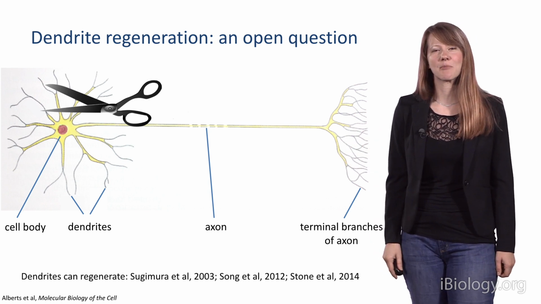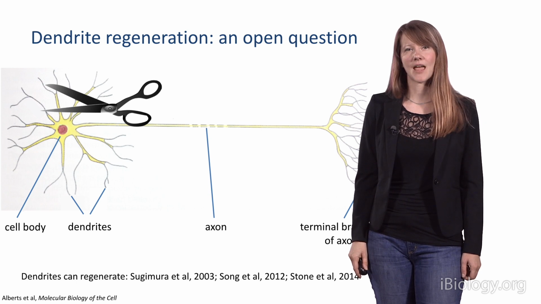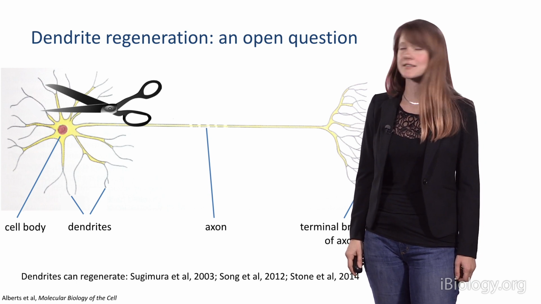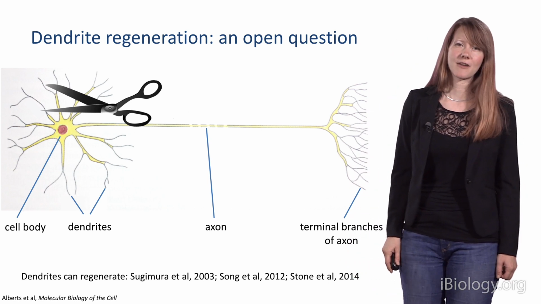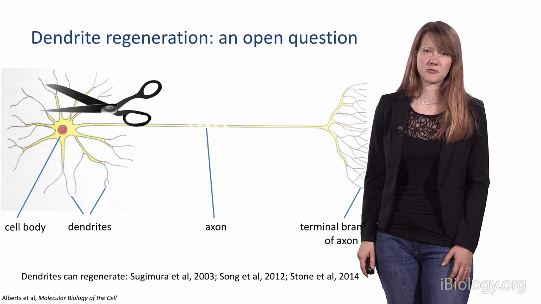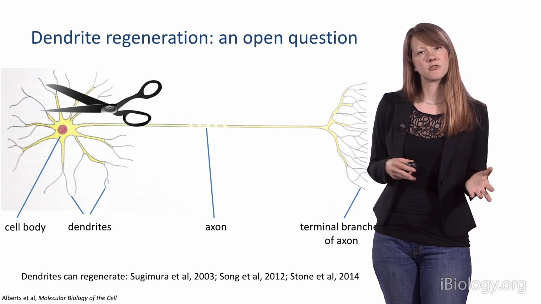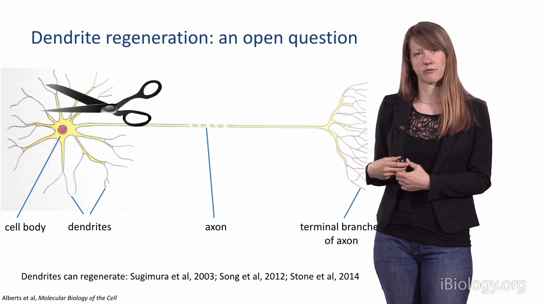So I told you that there were some papers that had been looking at this topic before my work. And what they had all shown was that the neurons they were looking at had a robust ability to regrow and regenerate after injury. They also showed something else that was kind of interesting, which was that dendrite regrowth was mechanistically distinct from axon regrowth.